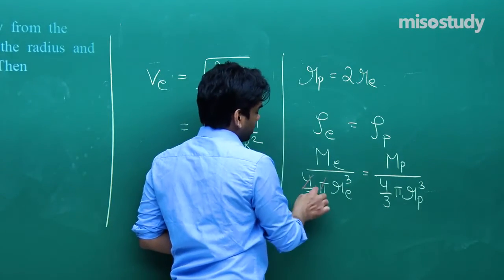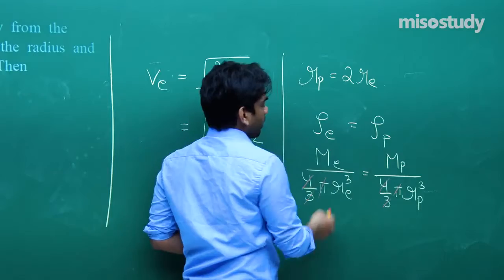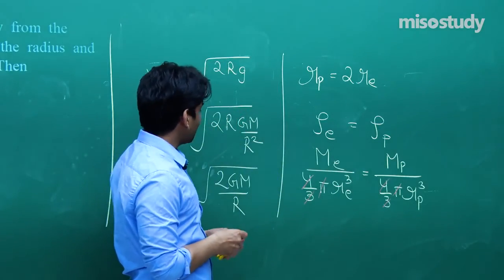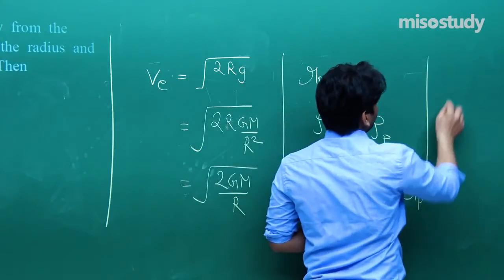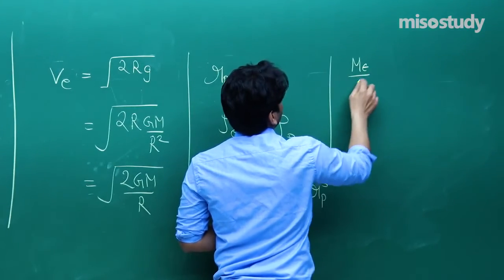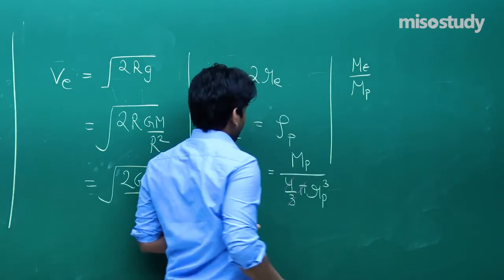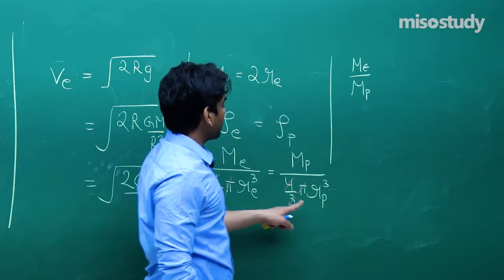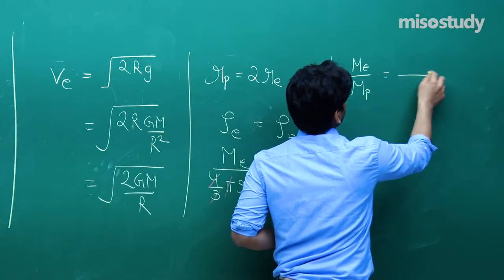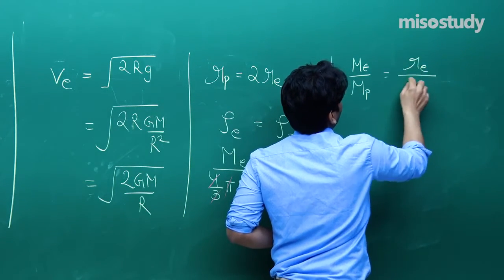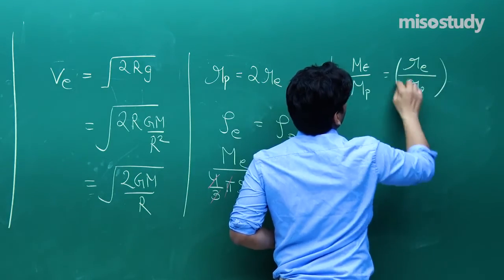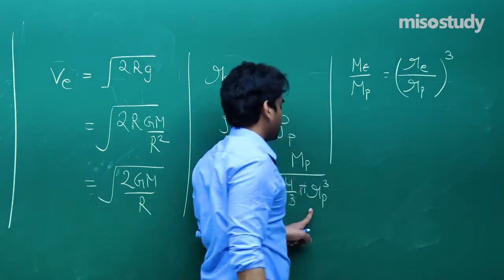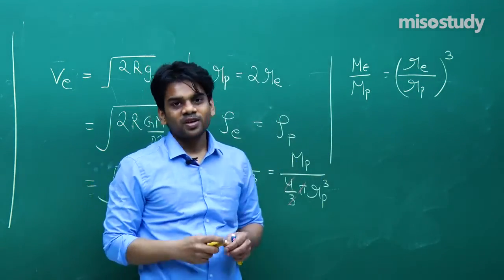This term will be cancelled out. Mass of Earth divided by mass of planet will come out to be Re by Rp whole cube. Not a problem, we can straightaway write that.